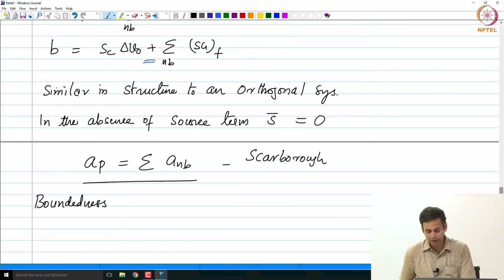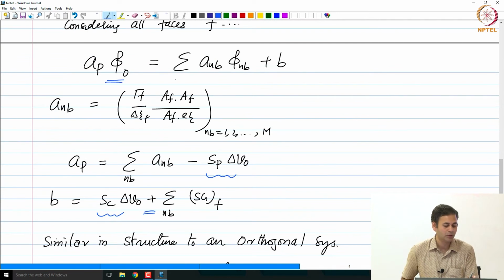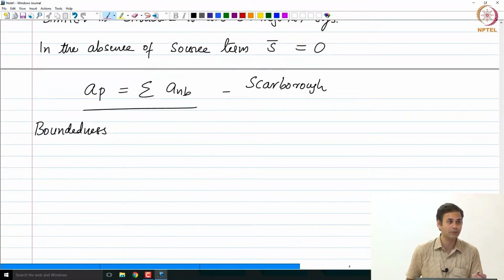Boundedness, that means you have source equals 0, right. So, essentially source is 0. So, this term is 0, this term is 0, then A p phi 0 would be sigma n b phi n b plus, is b 0 now? B is not 0, B has secondary gradient, right. So, that means phi p or phi 0 is not just sigma a n b by a p phi n b, right, which was the case in the context of orthogonal meshes, right.